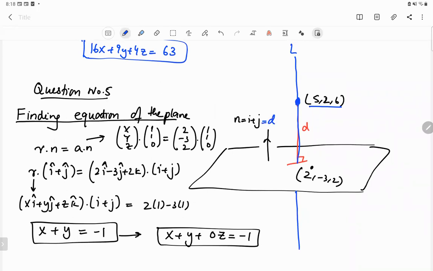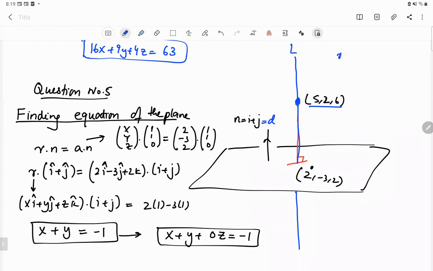We will call it d. The same n of the plane is the d of the line, okay? Although previously I used the symbol d for this distance, I would call it d1 rather, because simple d I am using to illustrate the direction vector.